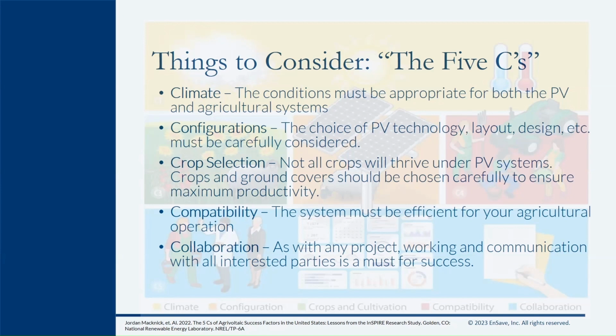So it needs to definitely be considered what the crop selection under that agrivoltaic system will be, and ensure that the crop under that will thrive. The compatibility with your farm. A corn farm is probably not going to do very well with an agrivoltaic system over their crop. Again, for the reasons mentioned before.